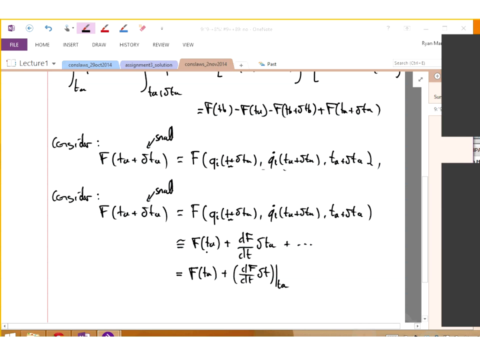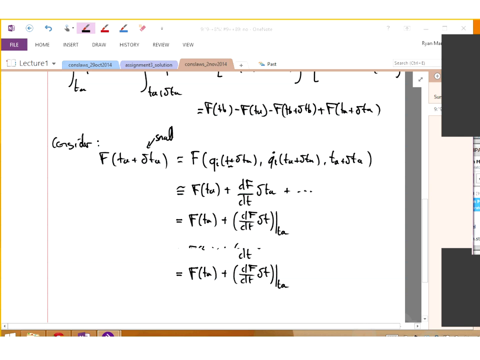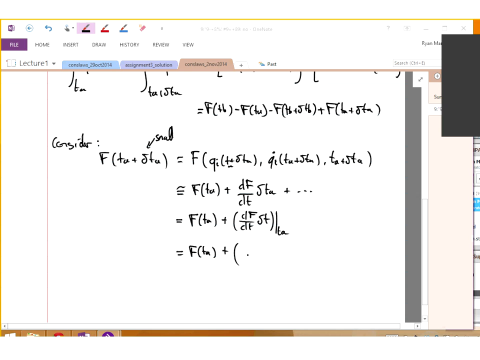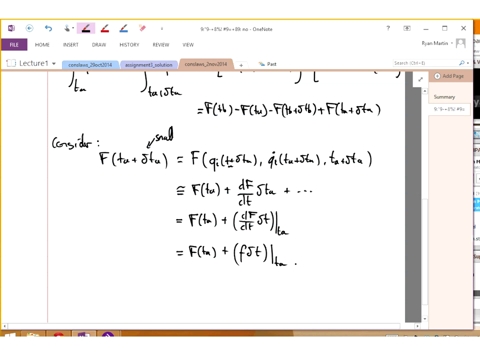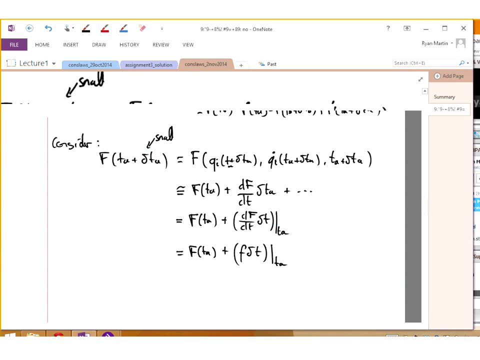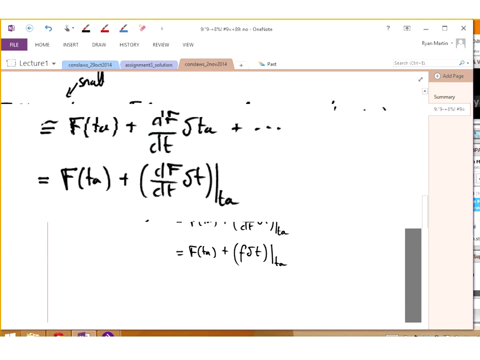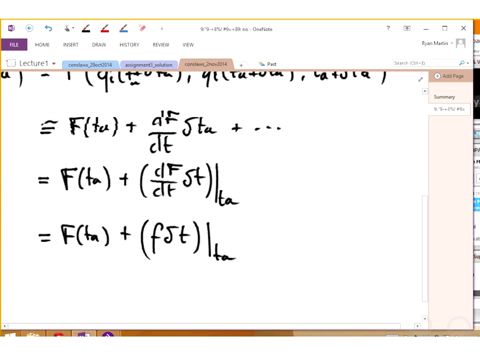And I can also write that as capital F of Ta plus, now d capital F by dt is little f, right? So it's capital F evaluated at Ta plus little f times delta t, then evaluated at Ta.